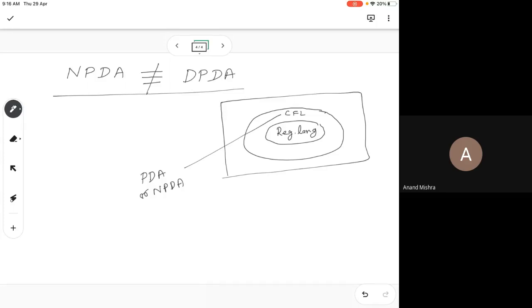In between, there is another language called deterministic CFL, which is recognized by DPDA.